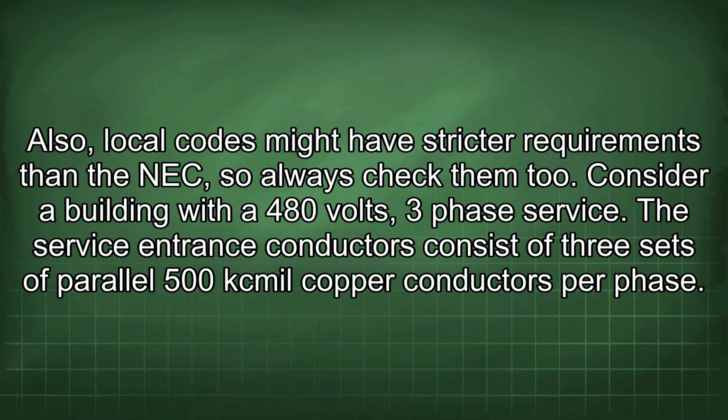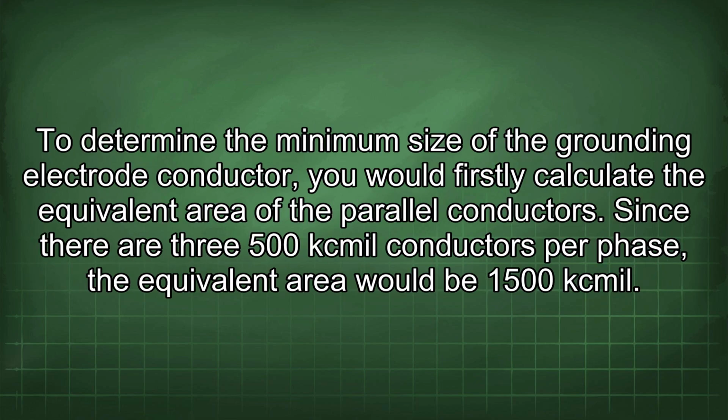Consider a building with a 480 volts, 3-phase service. The service entrance conductors consist of 3 sets of parallel 500 kcmil copper conductors per phase. To determine the minimum size of the grounding electrode conductor, you would firstly calculate the equivalent area of the parallel conductors. Since there are 3 500 kcmil conductors per phase, the equivalent area would be 1500 kcmil.